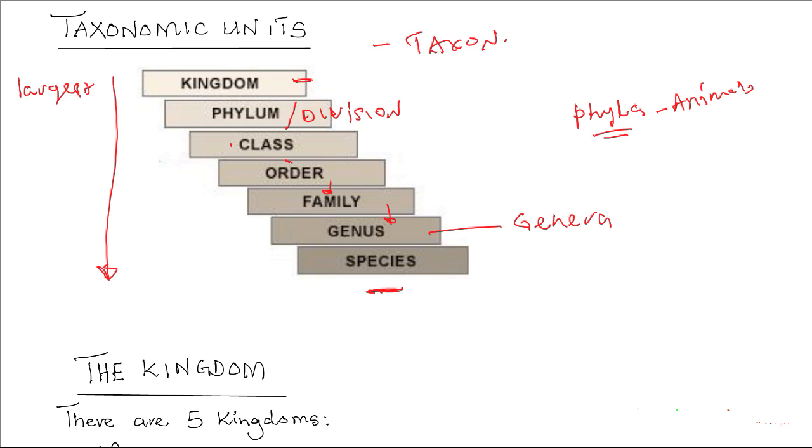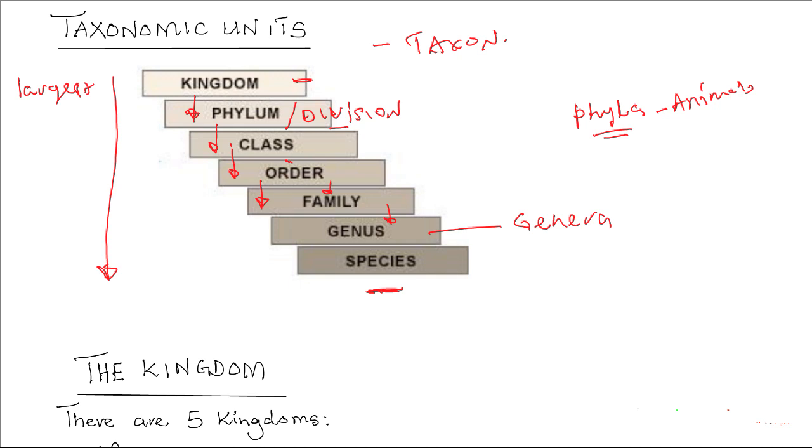Each organism belongs to a particular kingdom, and then down from the kingdom, the organism will be placed into a particular phylum or division based on characteristics. Then the same organism will be placed into a particular class. Then within that class, the organism will belong to a particular order. And in that order, there will be several families, and that particular organism is placed in a particular family based on characteristics.